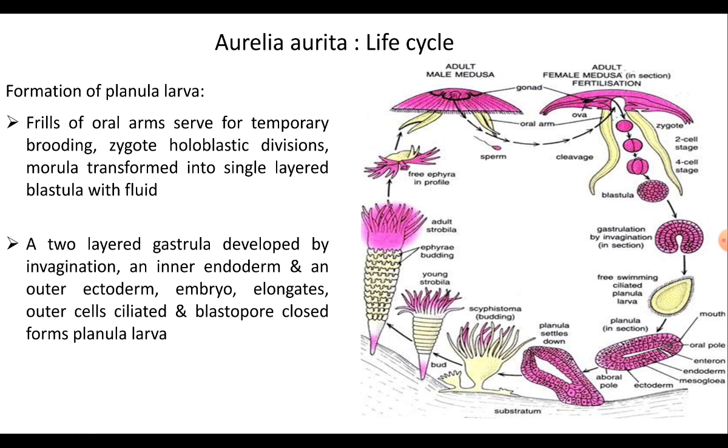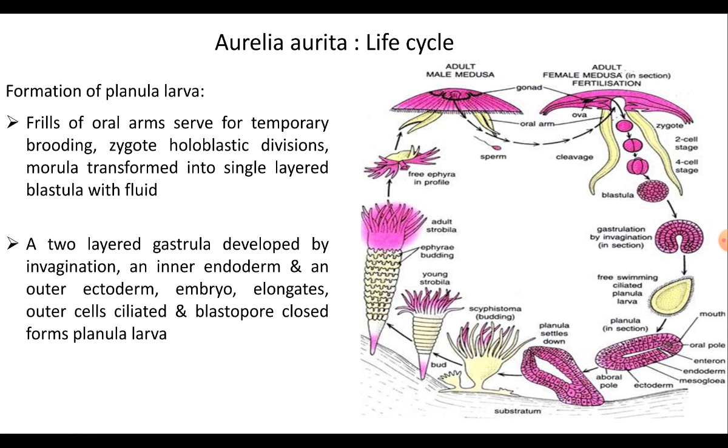Soon after that, it is transformed into a single-layered blastula, enclosing a central fluid-filled cavity called the blastocoel. And the two-layered gastrula develops by invagination, having an outer ectoderm and an inner endoderm, lining an enteron cavity with its blastopore.